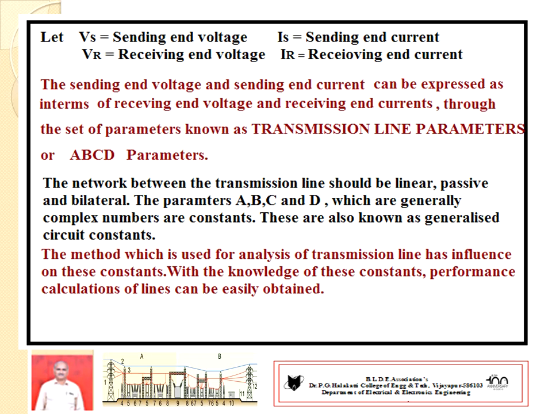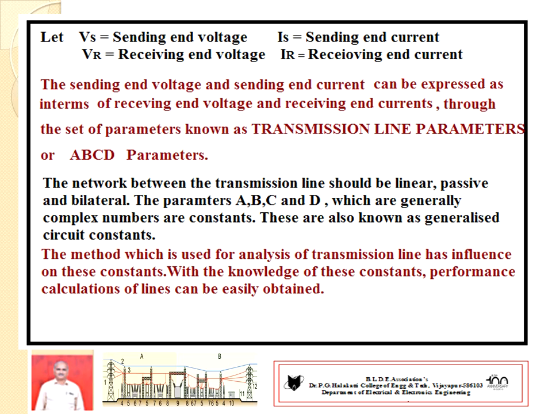This method, which is used for analysis of transmission line, has the influence of these constants. With the knowledge of these constants, performance calculations of lines can be easily obtained. That means we have to take standard expressions, that is Vs equal to A Vr plus B Ir.